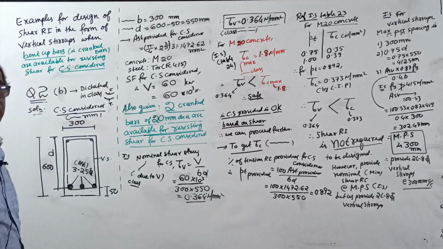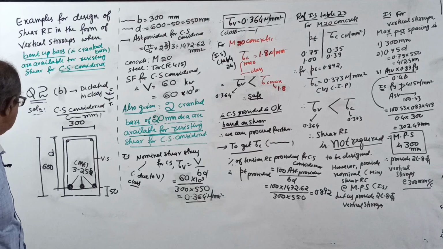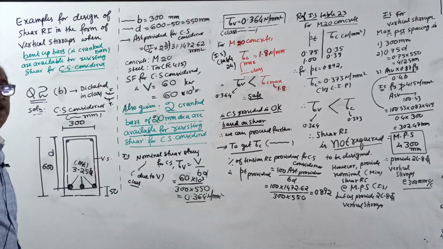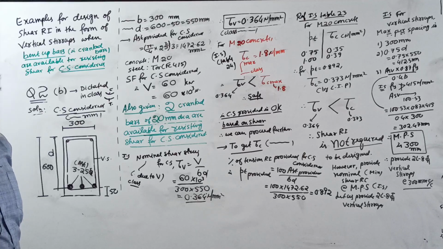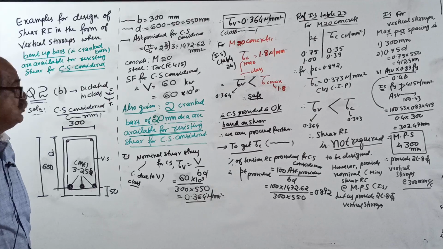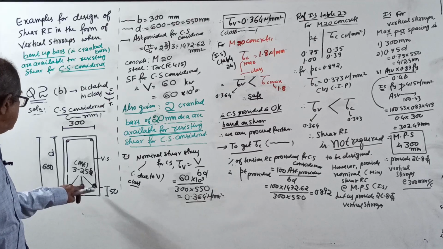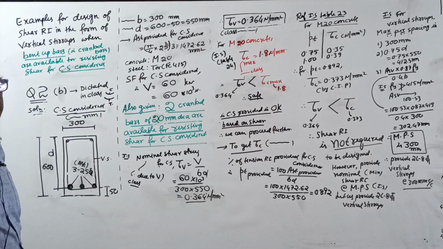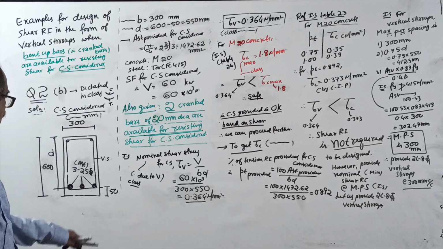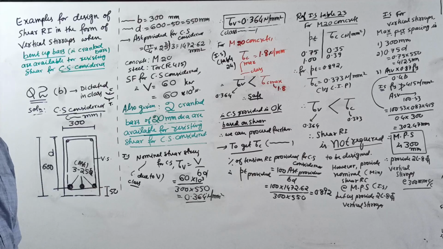A rectangular section of an RC beam has width of 300 millimeter and overall depth of 600 millimeter. The cross section considered for design of shear reinforcement has tension steel in the form of 3 bars of 25 mm diameter at effective cover of 50 millimeter.